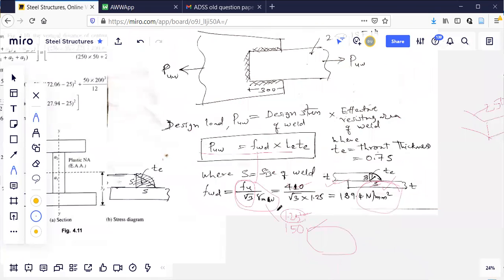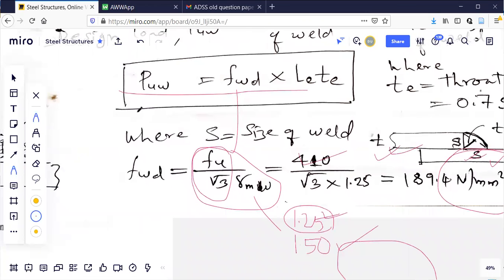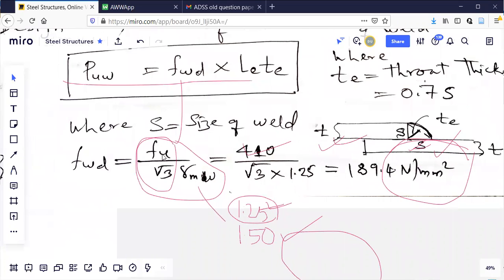Okay. So it will result in a constant here. A constant value you are getting here. See this 410. I'll substitute root 3, 1.25. I am assuming that the fabrication or the welding is done in the shop. Otherwise, this value will be different. If it is 1.5, the value of FWD will be different.